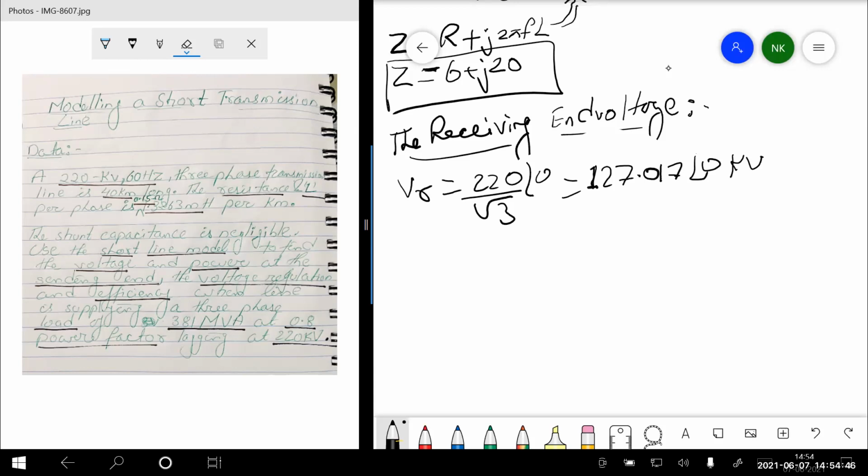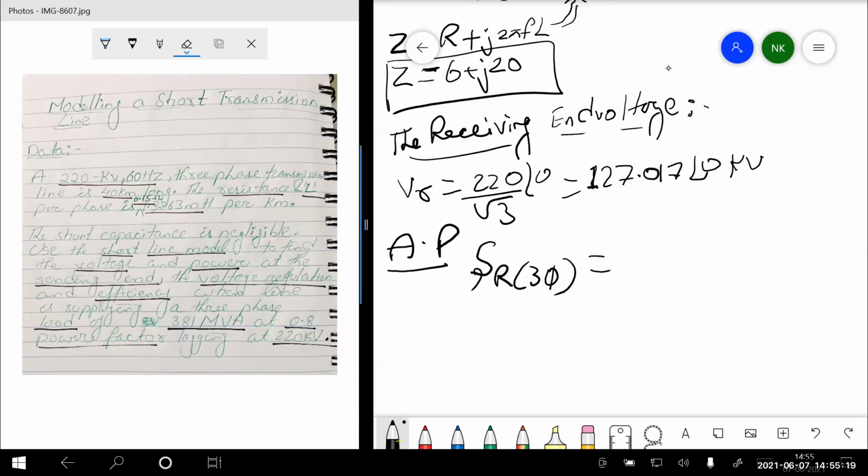Right now we'll calculate apparent power at the receiving end. So what is the formula of apparent power? That is generally denoted by SR. Active power plus reactive power. Reactive power is, let's hope, not given. Only one power is being given.